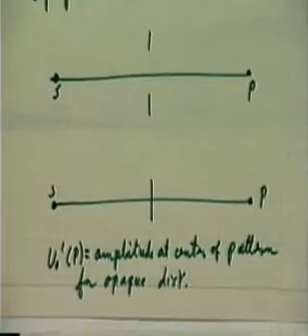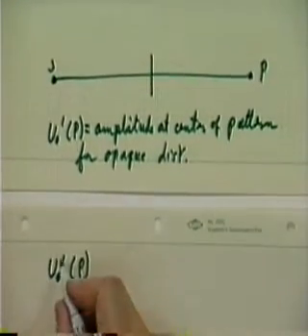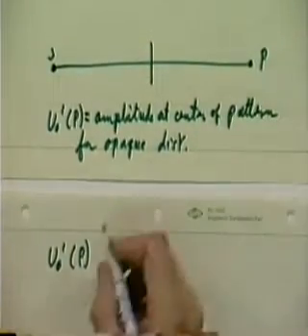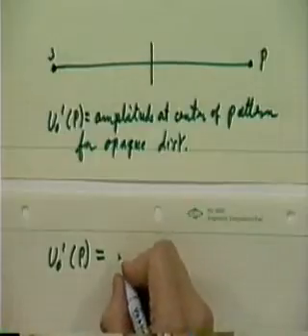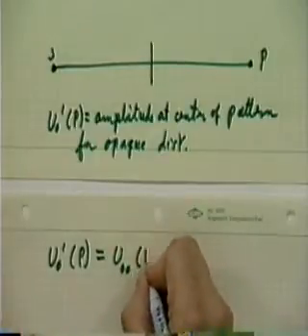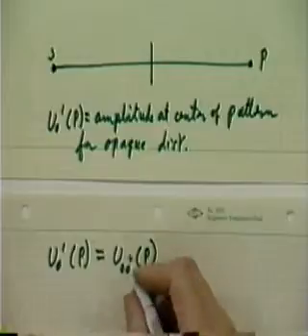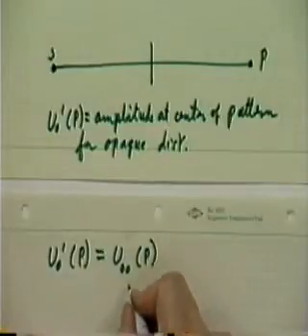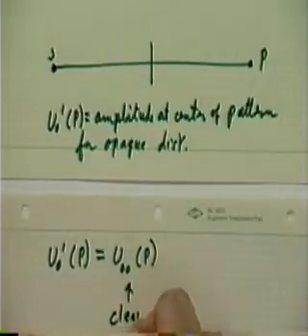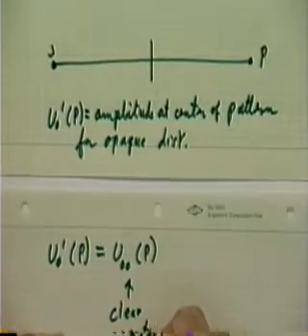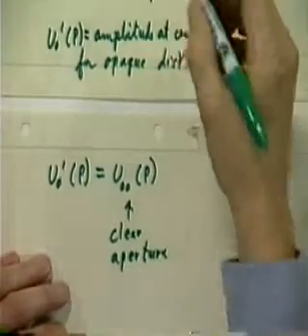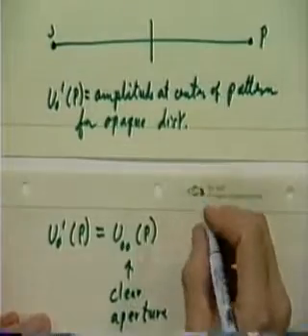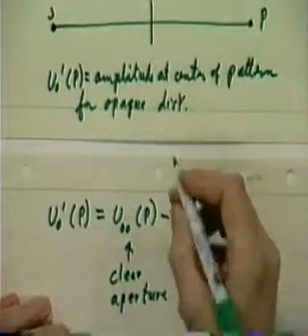Babinet's principle. Good. Okay. And so U0 prime of P, which is what we have here, is equal to whatever we would have there if we had an unobstructed, or if we had a clear aperture, just say, minus what we would have here with the hole.